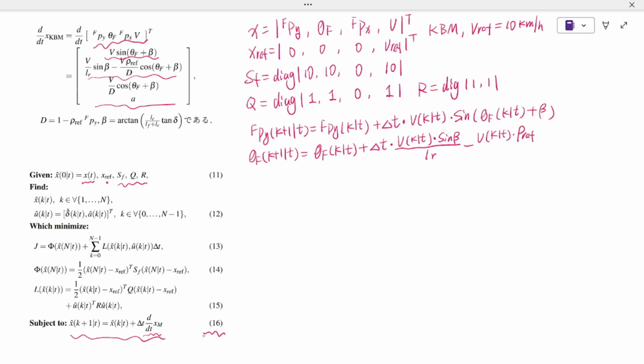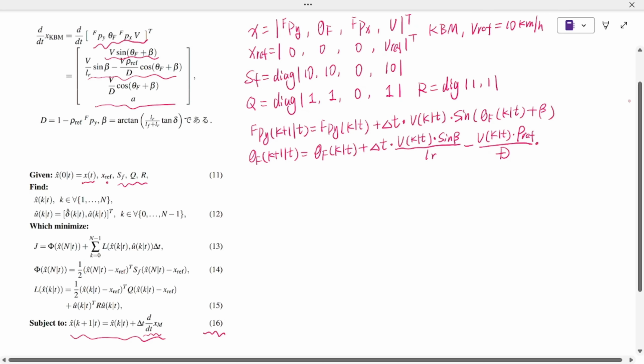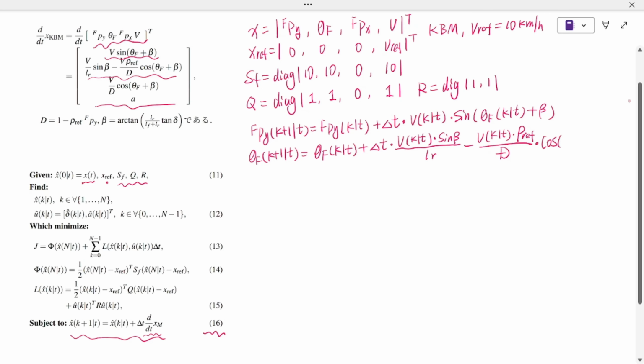Rho ref is the curvature of the trajectory, over d times cosine of theta f k given t plus beta.